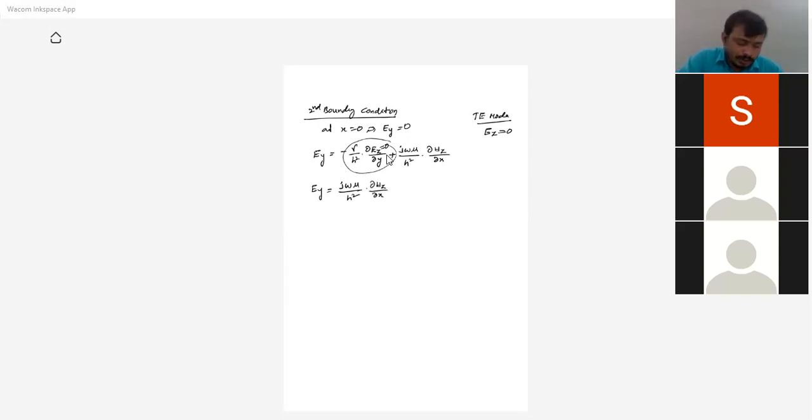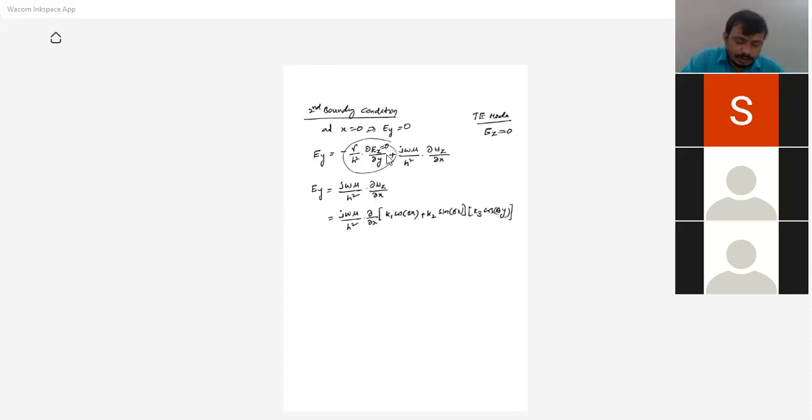So now, already we know the Hz value in the earlier case. We can substitute here: it is equal to j omega mu by h square dou by dou x of Hz. So what is the Hz? Hz is K1 cos bx plus K2 sin bx, and K3 cos ay.